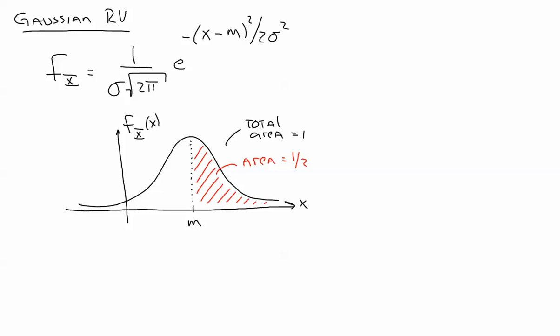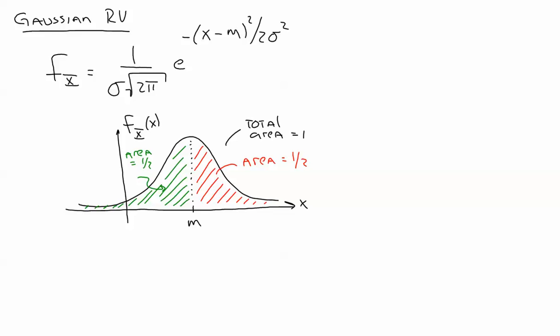The red hatched area is a half, and that's due to the symmetry of the problem. Likewise, the probability of random variable x being less than little m is half. The green hatched area is also a half.